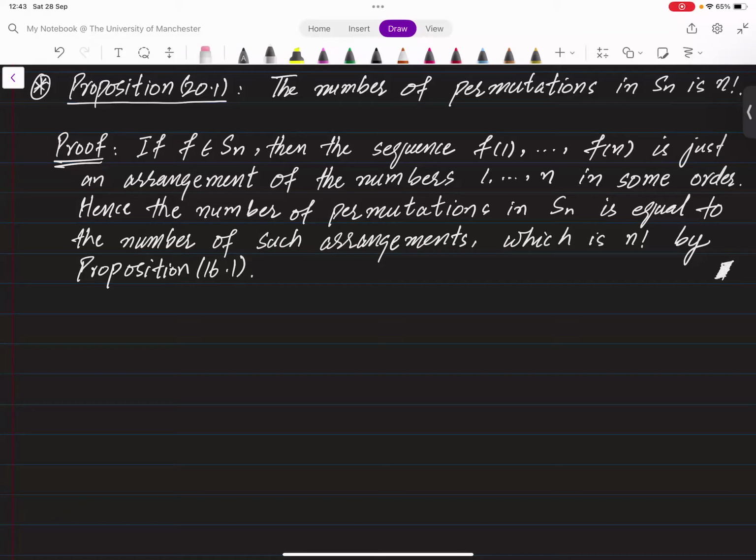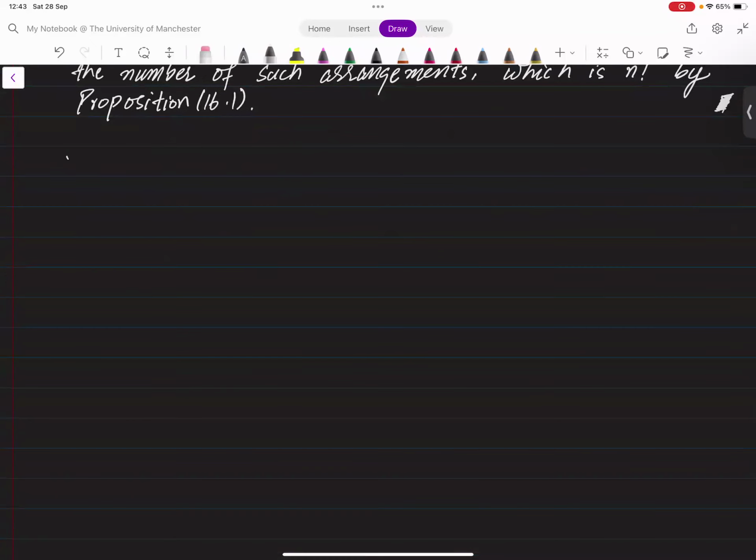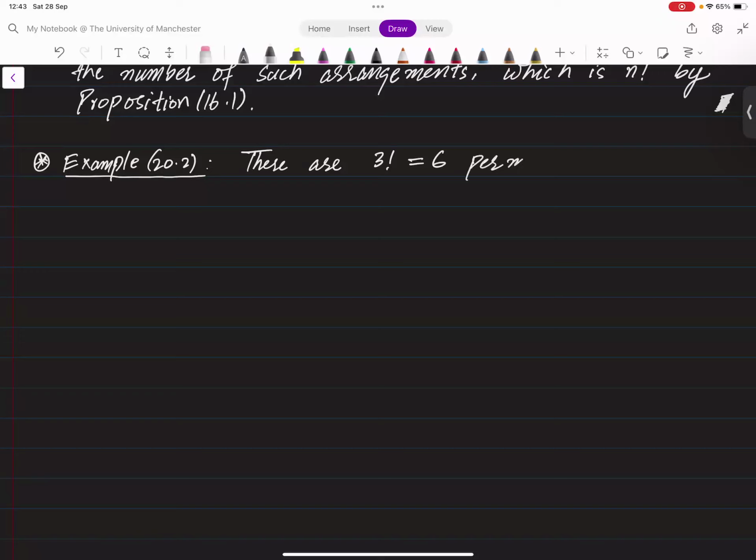And we can talk about that by giving an example, and we call it Example 20.2. We say that there are 3 factorial, which is 6, permutations in S3.